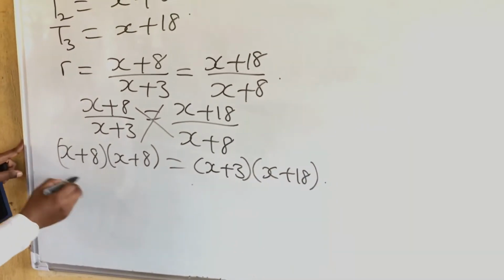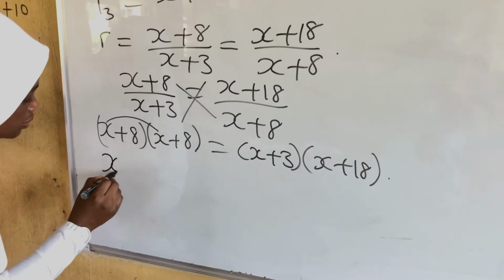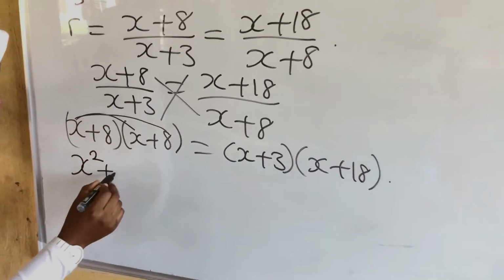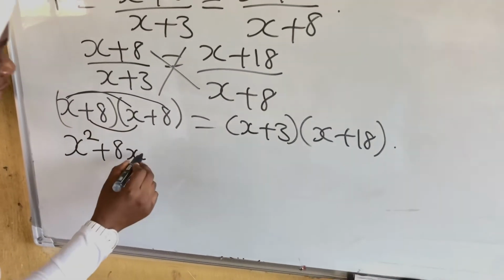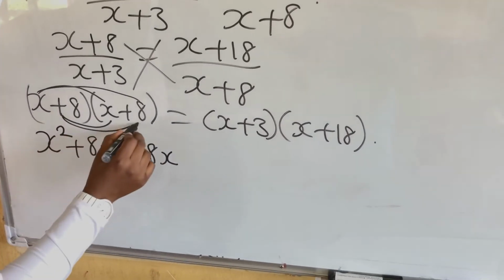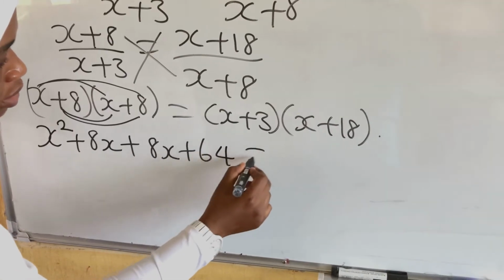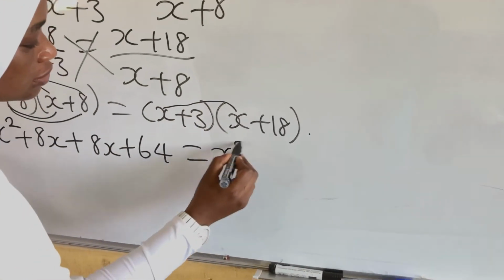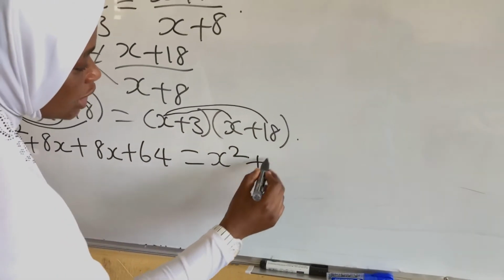So x multiplied by x gives x squared. x multiplied by plus 8 gives plus 8x. Plus 8 multiplied by x gives plus 8x. Plus 8 multiplied by plus 8 gives plus 64. Is equal to x multiplied by x gives x squared. x multiplied by plus 18 gives plus 18x.